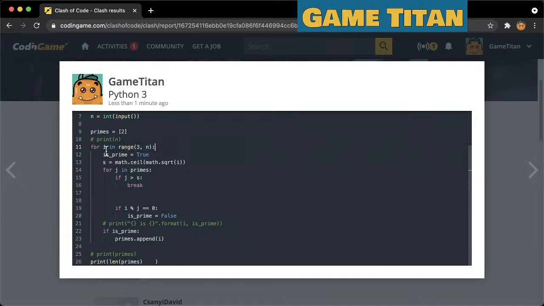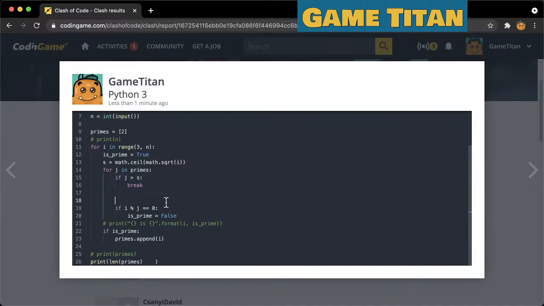And then we're going through this loop and testing every number. So for every number, we're going to assume it's prime at first, and then we're going to go through the numbers less than it. For each of those, we see whether that other number, j, divides the number i we're testing. If i is divisible by j, then that means i is not a prime number.